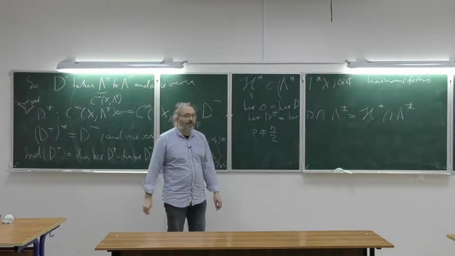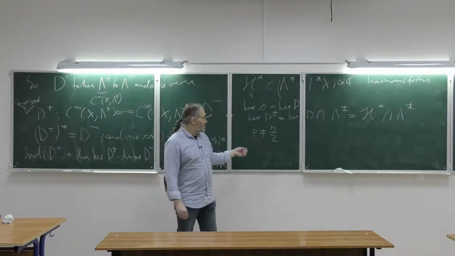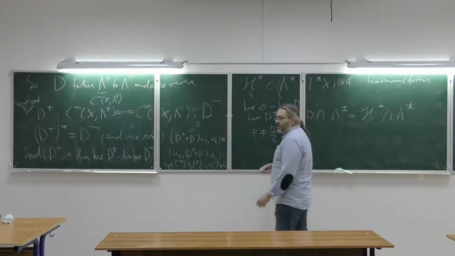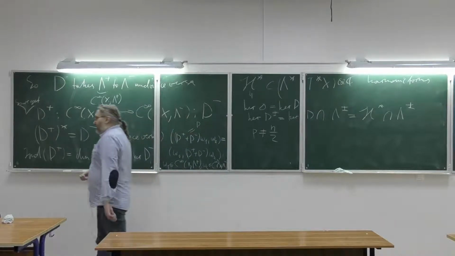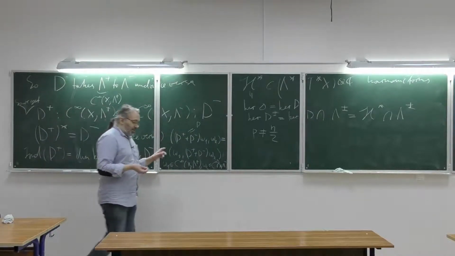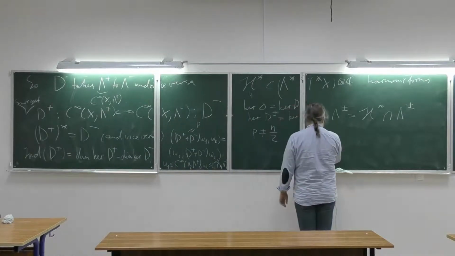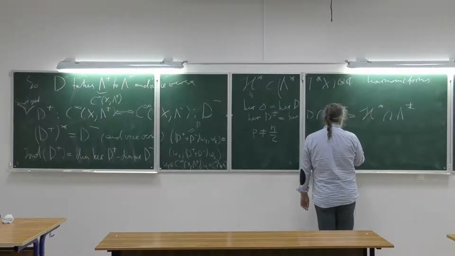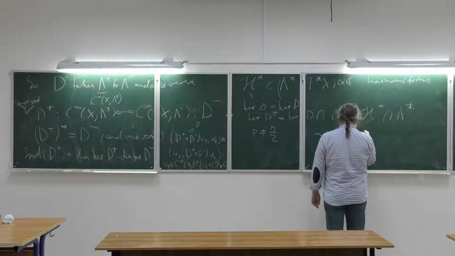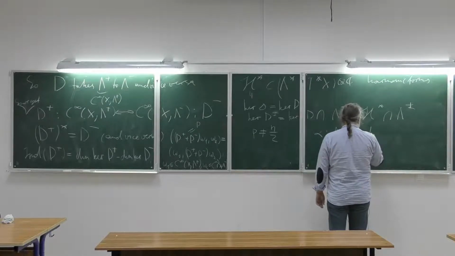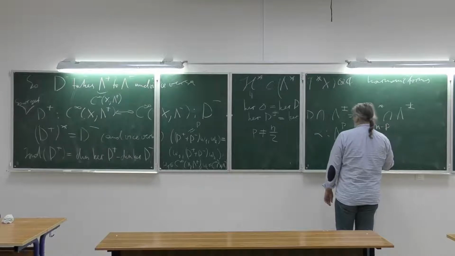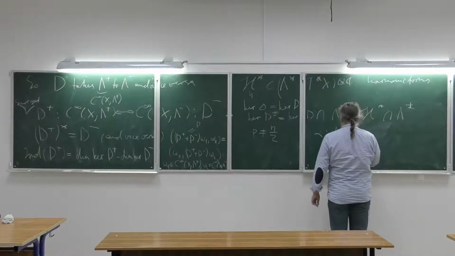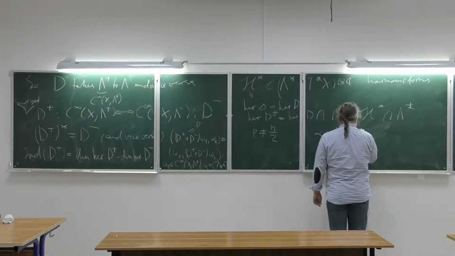Okay, now there are two cases. The first case is p is not equal to the middle degree. Let me write it like this.